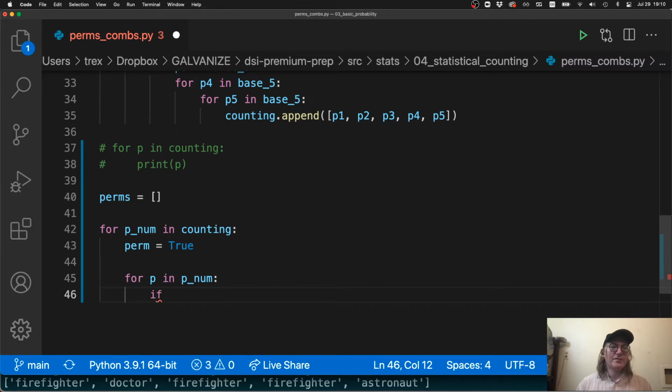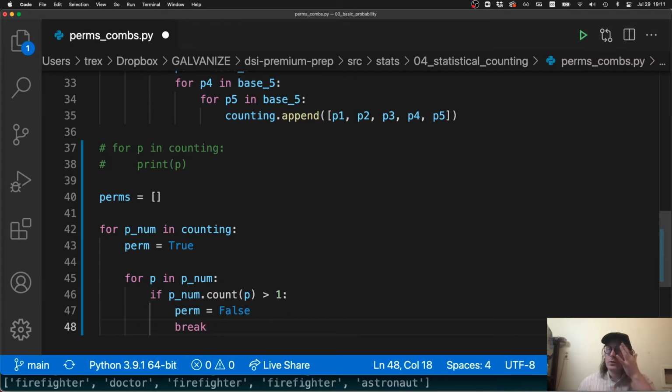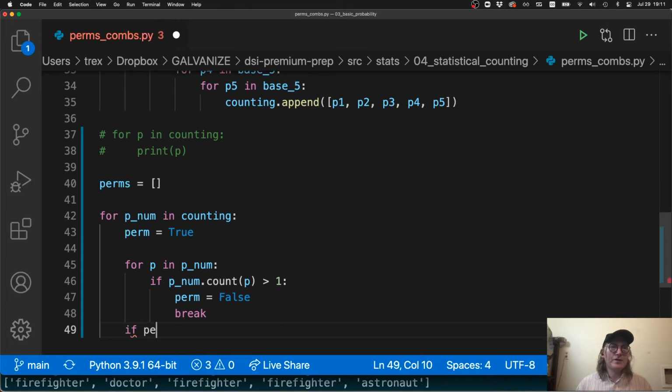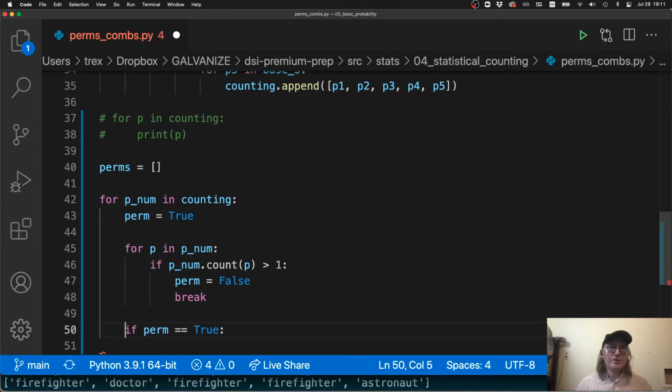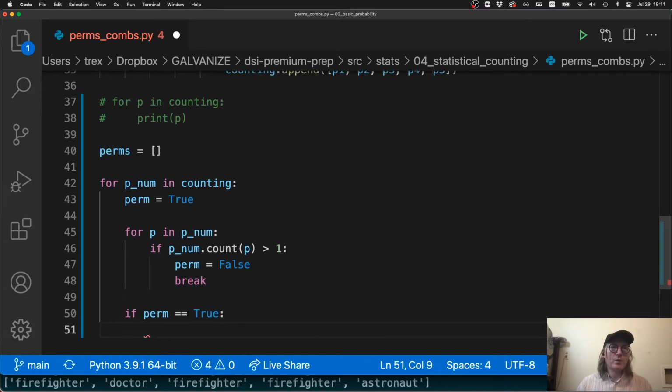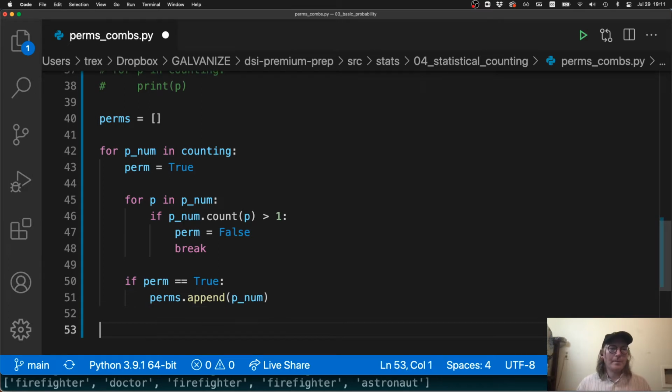We can say if p num dot count of p is greater than 1, in other words, if there's a duplicate, we set permutation to false, and we don't need to check anymore. We know it's not a permutation, so we can give up at that point. And then we just need to check if perm is true. If perm is true, then we can say permutations.append that p num. Okay.